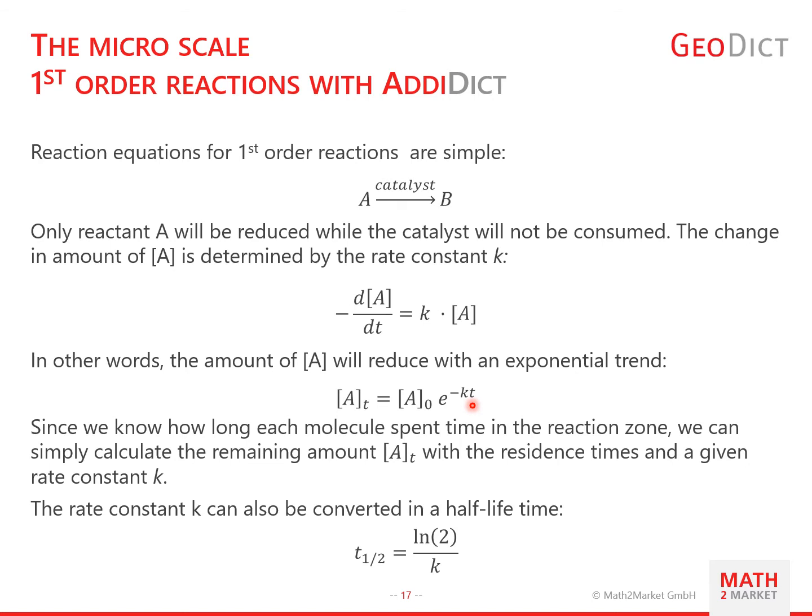We can simply calculate how much of our species is left at the end, and then we can do this for all of our molecules that we have simulated, and simply get the residual species at the end of our channel.